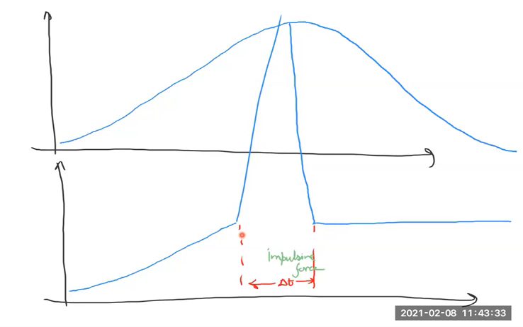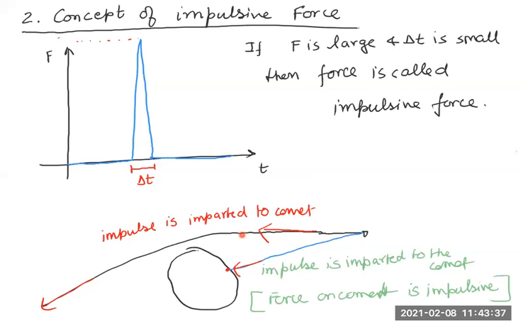Both these phenomena will be called a collision. This is a collision of the comet with the Earth, and this is also a collision of the comet with the Earth. Okay, but we will concentrate our focus on collisions like these. We will focus our attention on collisions where the forces become impulsive.